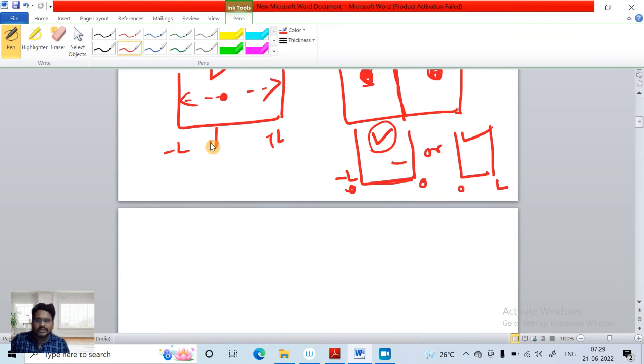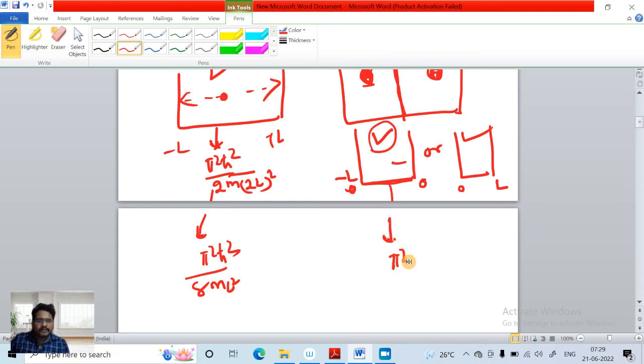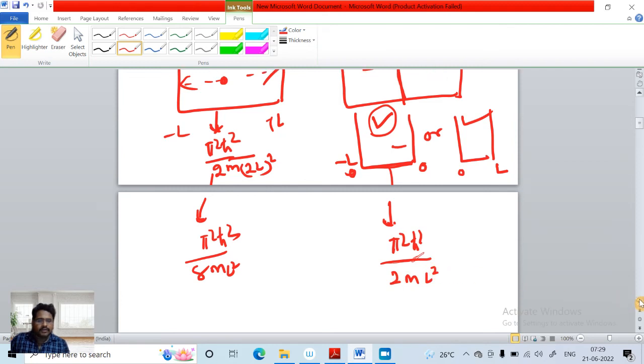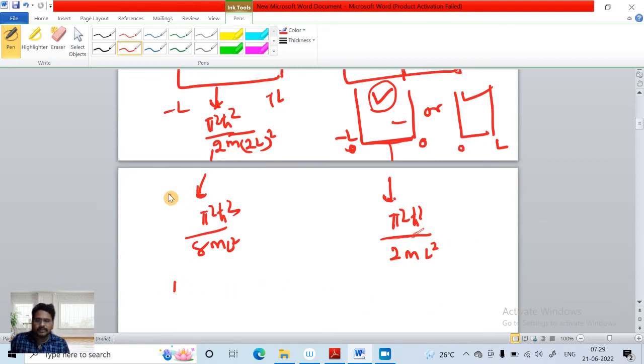So the energy of this system, the ground state, will be pi square h-bar square by 2m times the length 2L squared. So the energy of the system will be pi square h-bar square by 8m L square, and the energy of this system will be pi square h-bar square by 2m L square. Now the difference between these two, let them be E1 and E2.